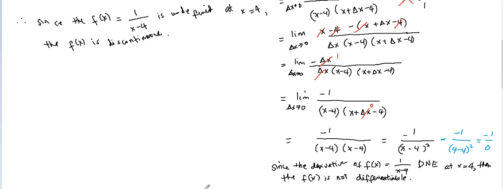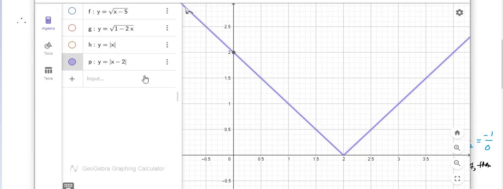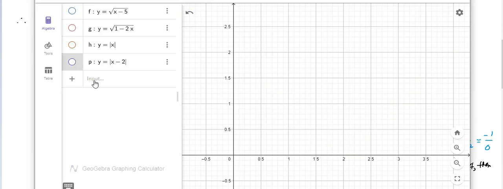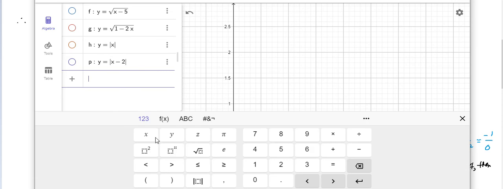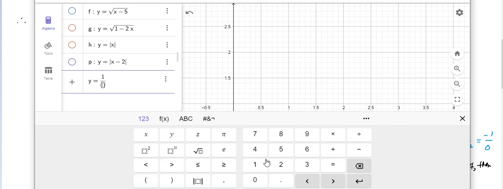Tignan natin yung kanya pong graph. So we have y equals 1 over x minus 4. Tignan natin kung ano yung kanyang itsura.